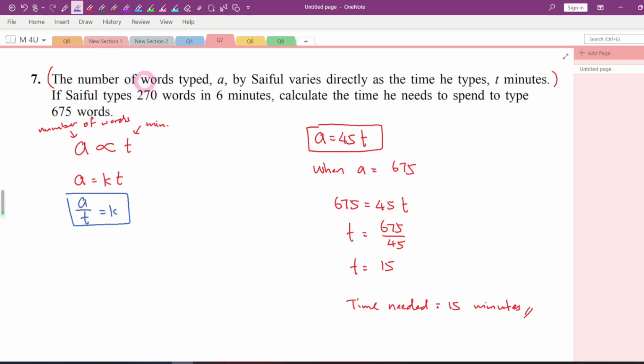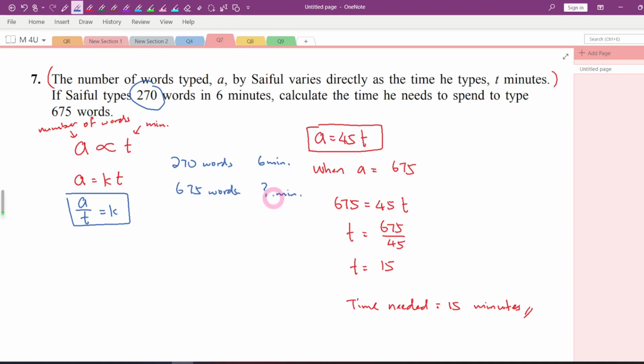When A is 270, I'm going to write A over here. Let me write this: 270 worth 6 minutes, and then 675 worth how many minutes?